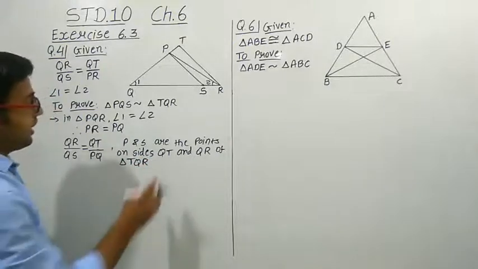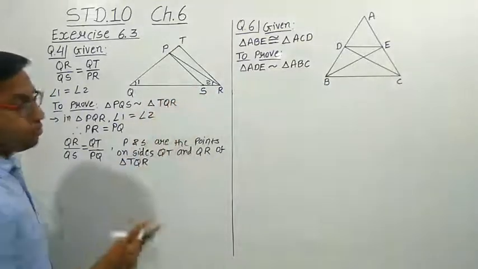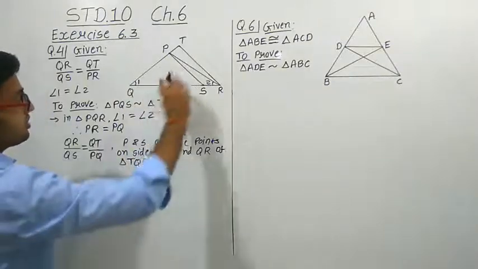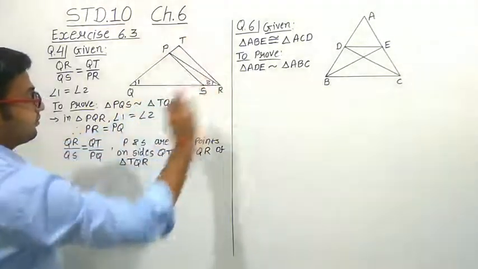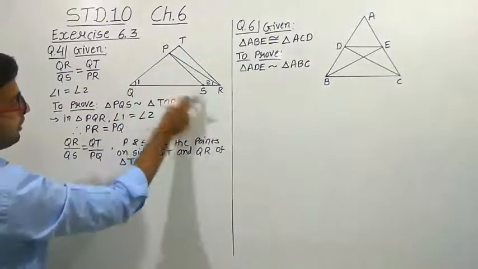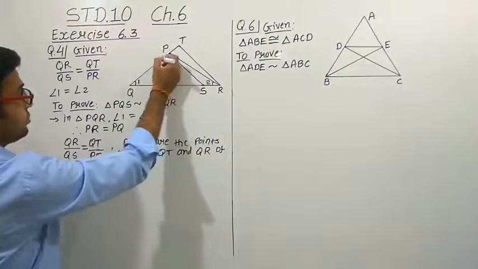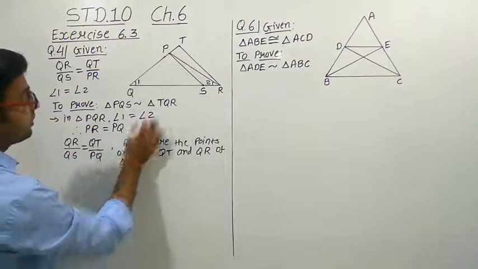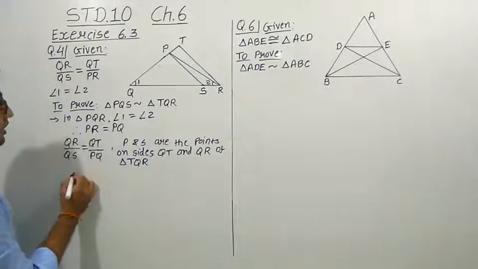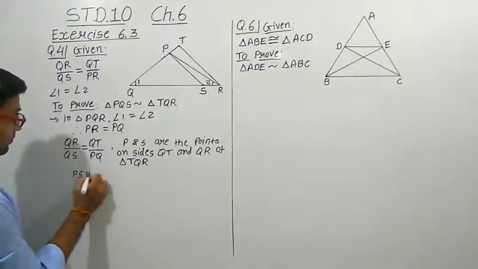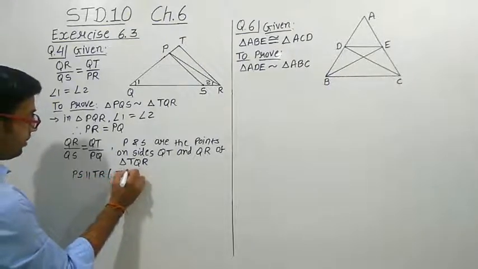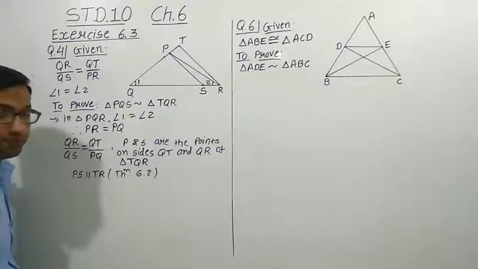Two sides of the triangle are divided into parts in the same proportion, so the third side TR will be parallel to PS. If we join these two points, PS is a line and it will be parallel to TR. So we can write that PS is parallel to TR, according to theorem number 6.2.